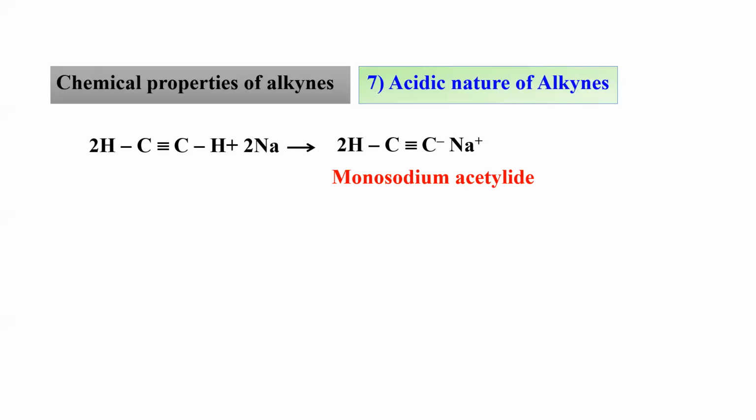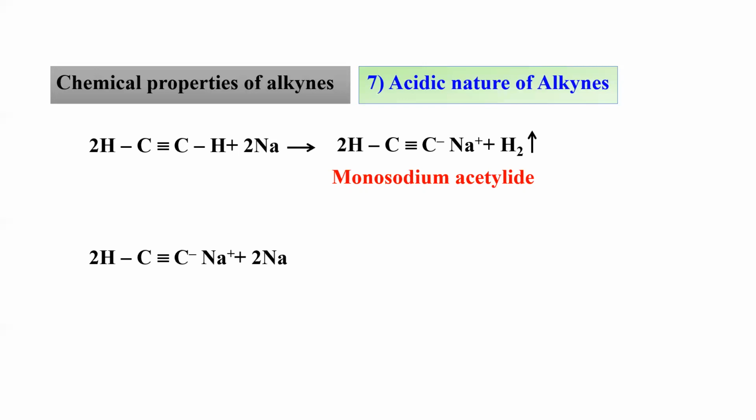In place of H+, Na+ is substituted. Clear? Plus H2, hydrogen gas is liberated. So when you perform this experiment, if you see evolution of hydrogen gas, this indicates that hydrogen has been eliminated from the alkyne, and elimination of H+ is what is acidic nature.